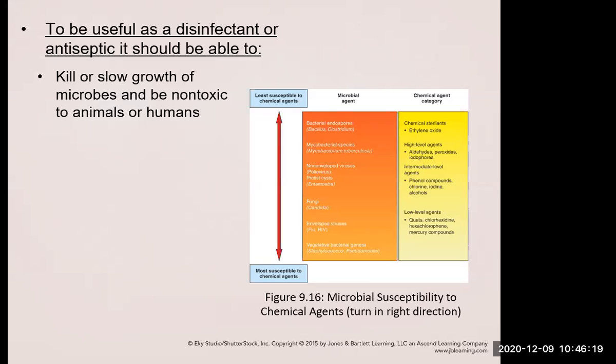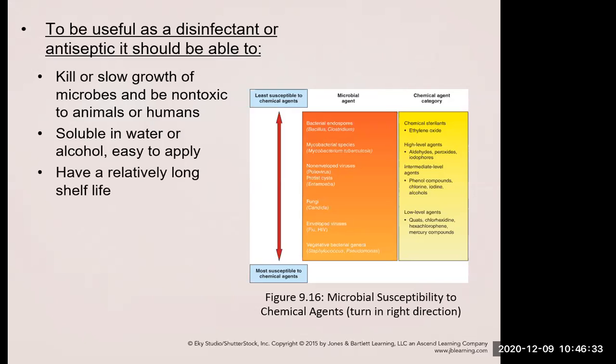So we want to try and avoid hurting ourselves as we try and keep ourselves healthy and well, right? Generally, we want it to be soluble in either alcohol or water, easy to apply. We want it to last for a long time, so we probably have it to be refrigerated.